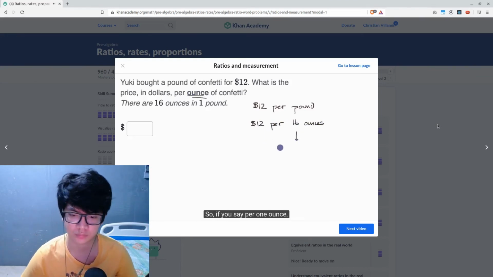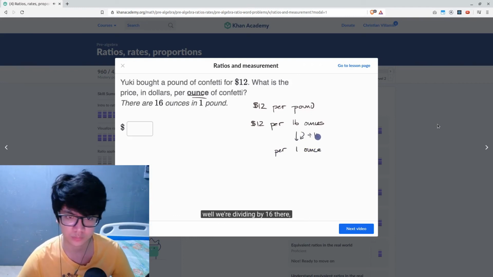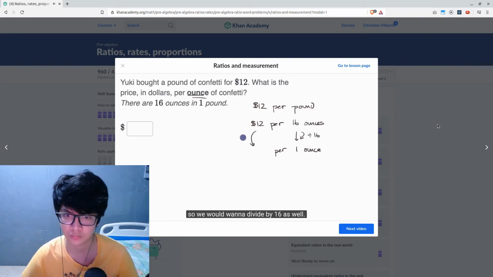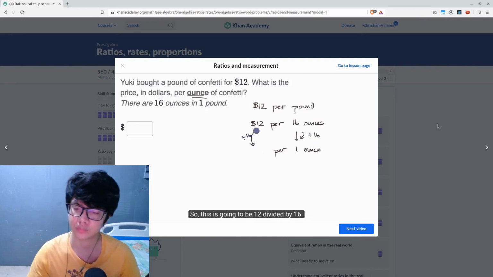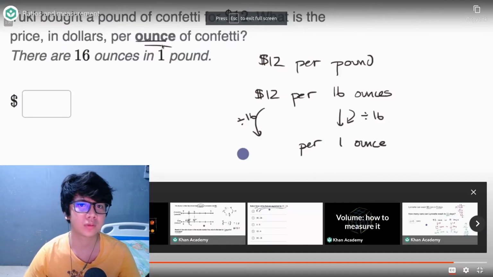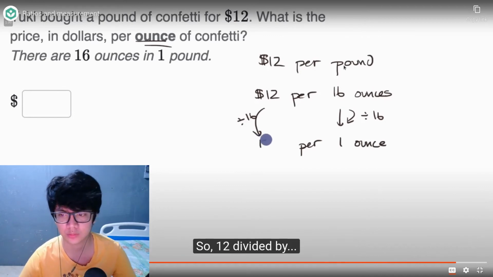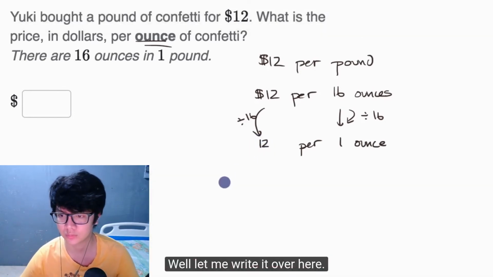So if you say per 1 ounce, well, we're dividing by 16 there, so we would want to divide by 16 as well. So this is going to be 12 divided by 16.